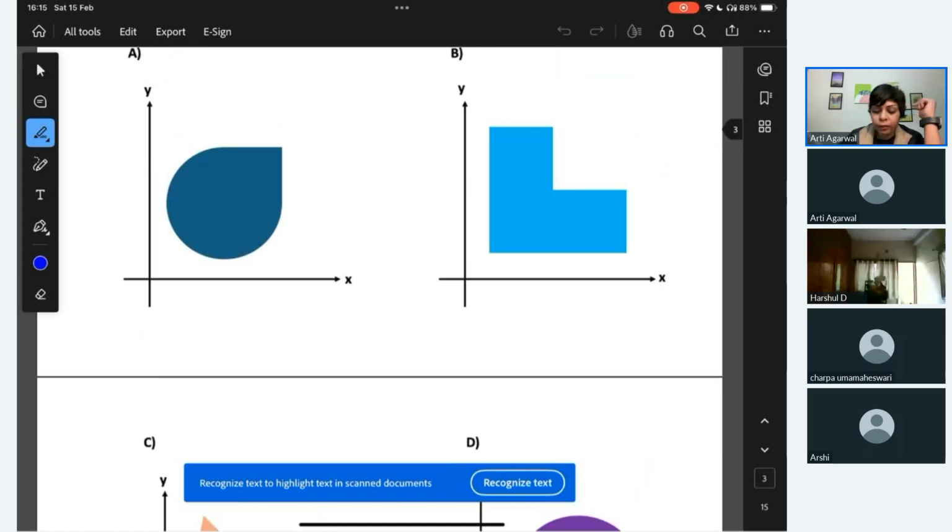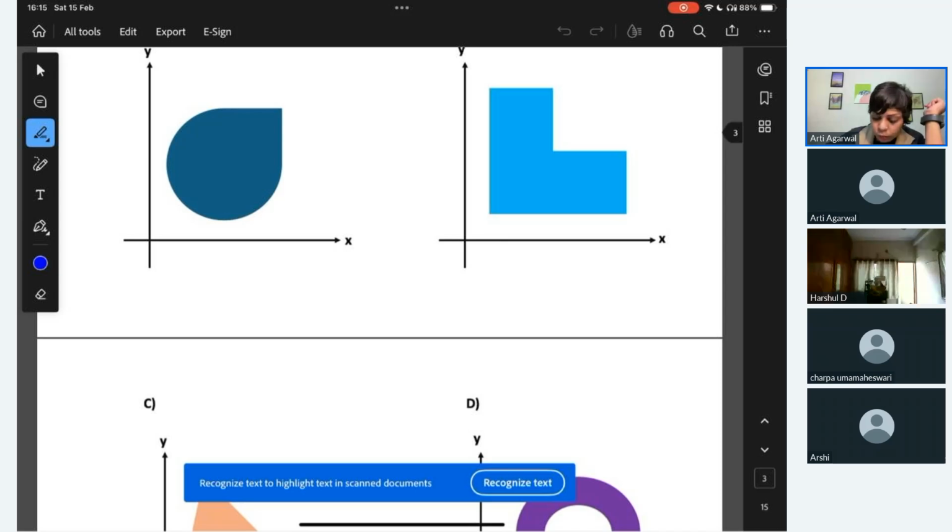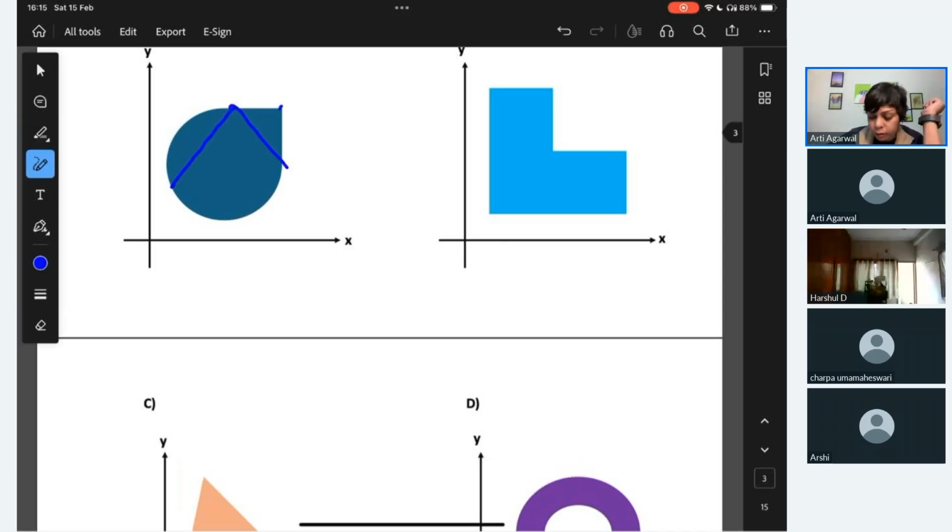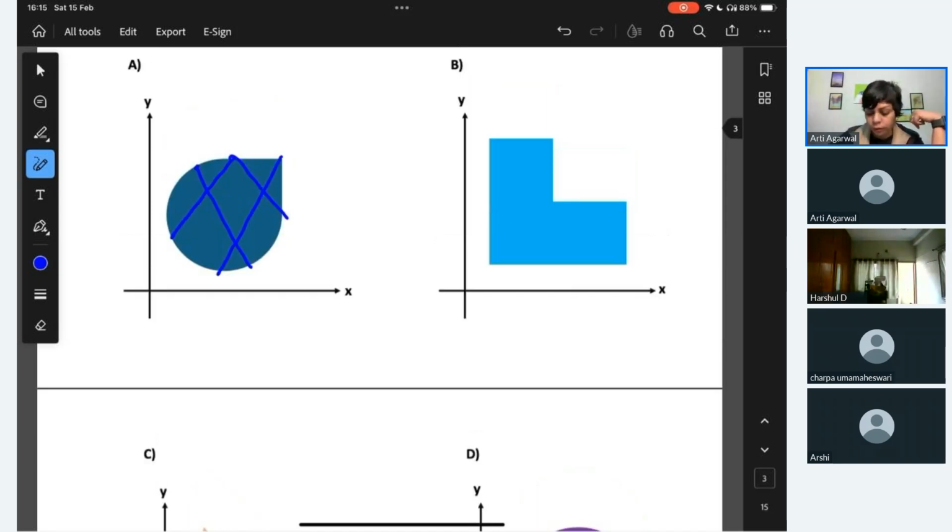So there's a very simple test for convexity, geometrically speaking. You just see if you can join every point on the curve, and if all these lines joining different points on the curve are completely inside the shape or they're outside. So in this, you can see you can join any point to any point on this shape and the line is completely inside, right?